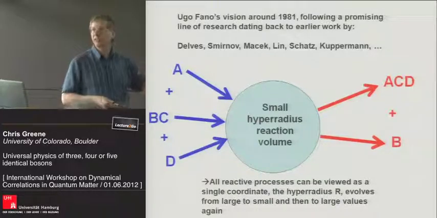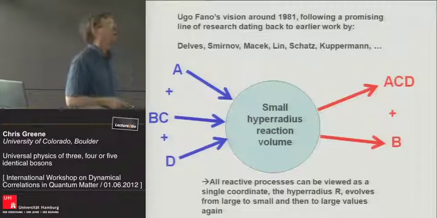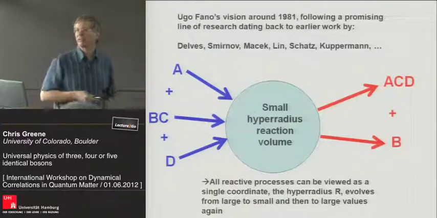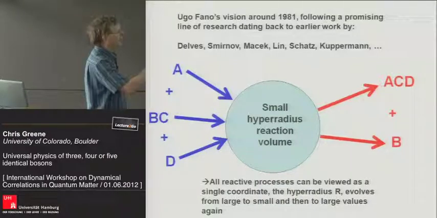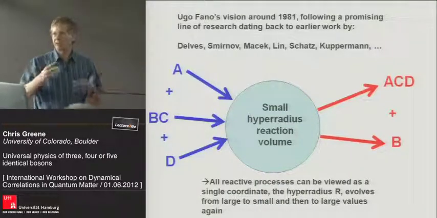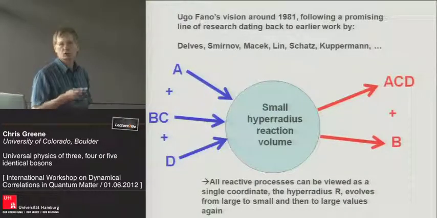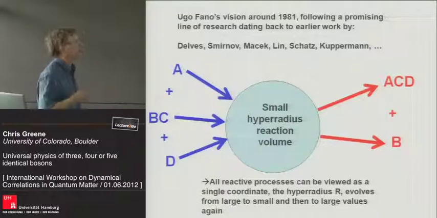And every possible rearrangement or entrance channel can be described by a single size type coordinate called the hyperradius, which generally speaking you can think of as the square root of the moment of inertia of all the particles involved.